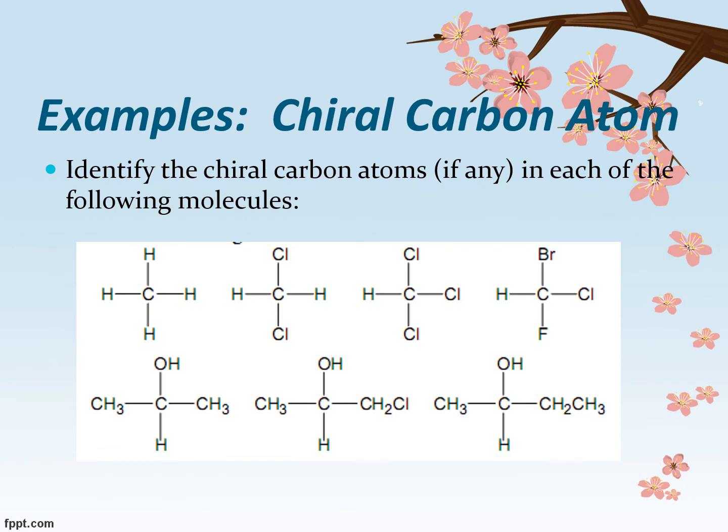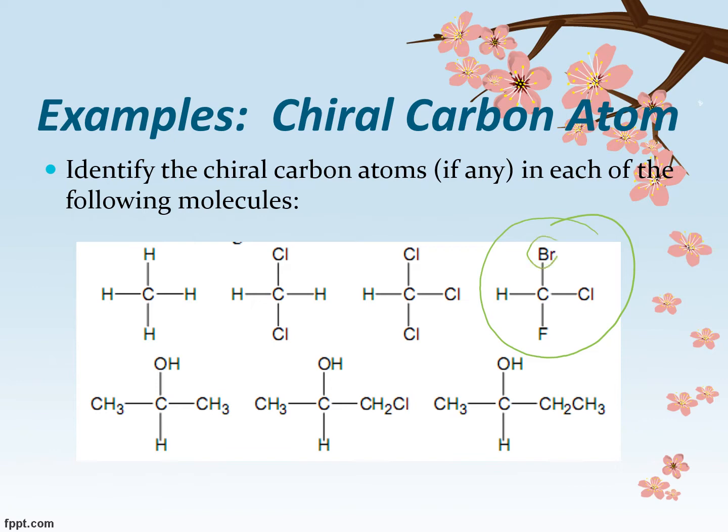So look at these examples here. Okay, can you identify which of these molecules have a chiral carbon? Remember, the criterion of a chiral carbon is that it must have 4 different groups. Okay, so I can give you one example here. So this is one example of a chiral carbon.